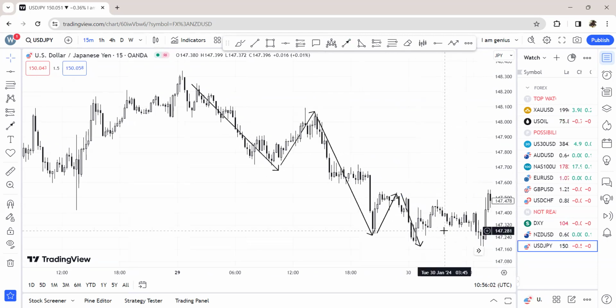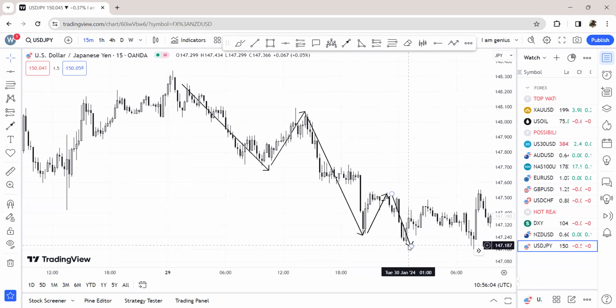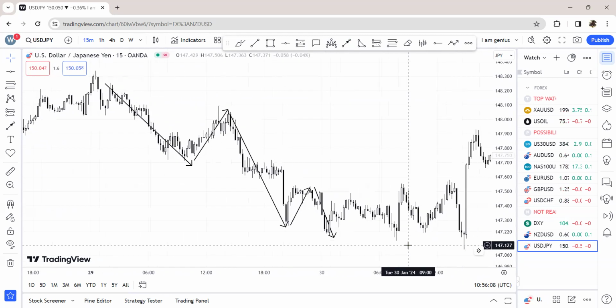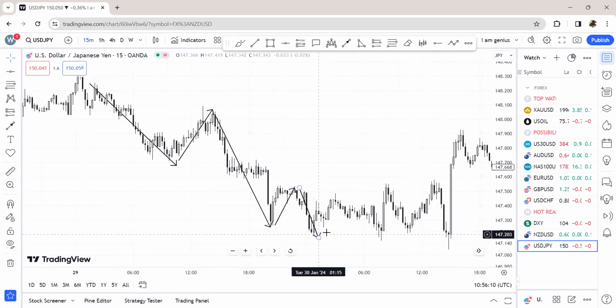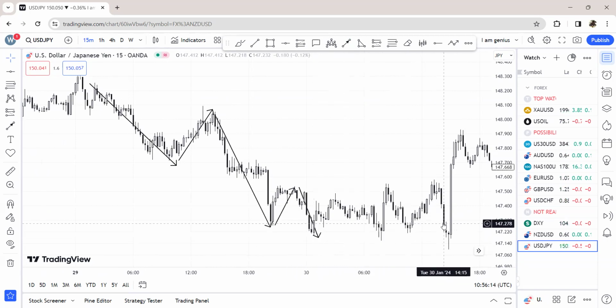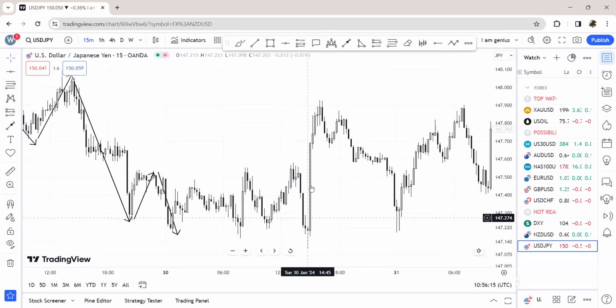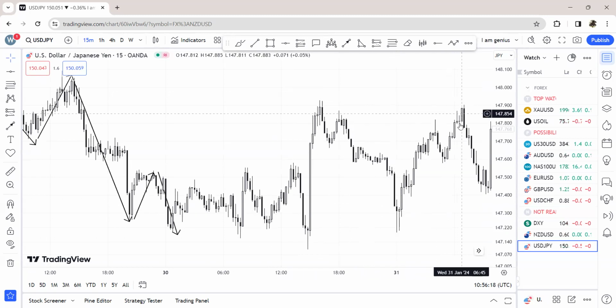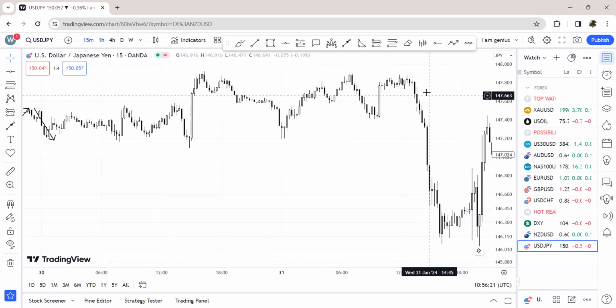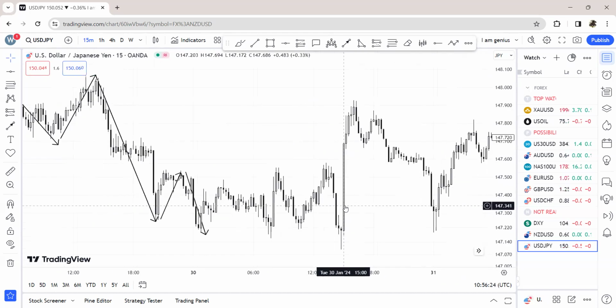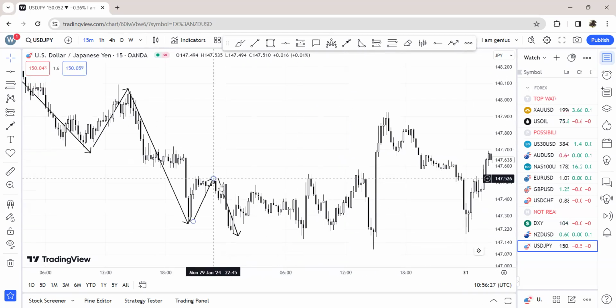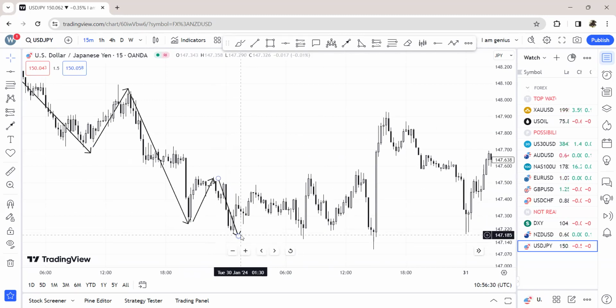So like from here, you can see that we started losing steam. This impulsive move wasn't very strong. Then I can predict that from here, most likely this market won't continue going any further down. It's likely to turn, and that's what happened. You can see from here was that impulsive move upwards. Then from there, there was a drop here. Now, my point is, once you see this short impulsive move, you need to remember that most likely this market is about to reverse. Hence, you have to trade cautiously if you still want to trade.